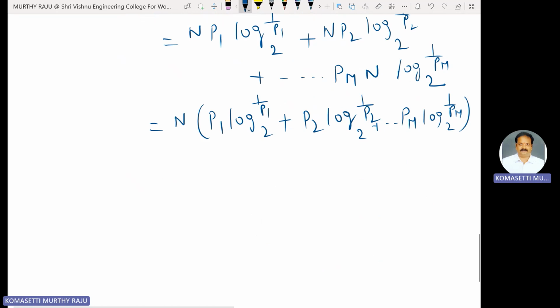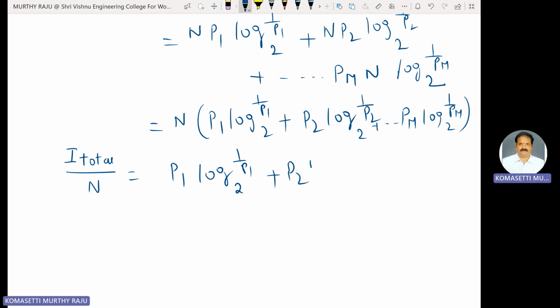That is equal to I total by N is equal to P1 log 1 by P1 base 2 plus P2 log 1 by P2 base 2 and so on so forth, PM log 1 by PM base 2.